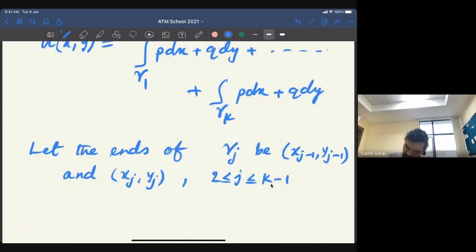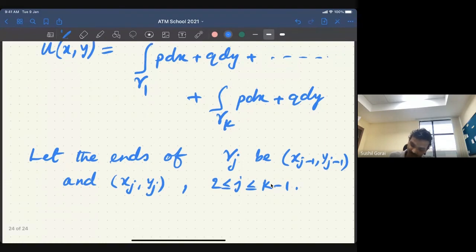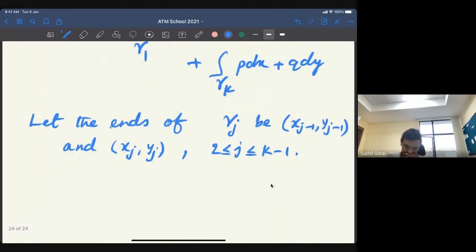And of course you know the endpoints of gamma 1 and gamma k, once these are fixed. All right? So is this fine?